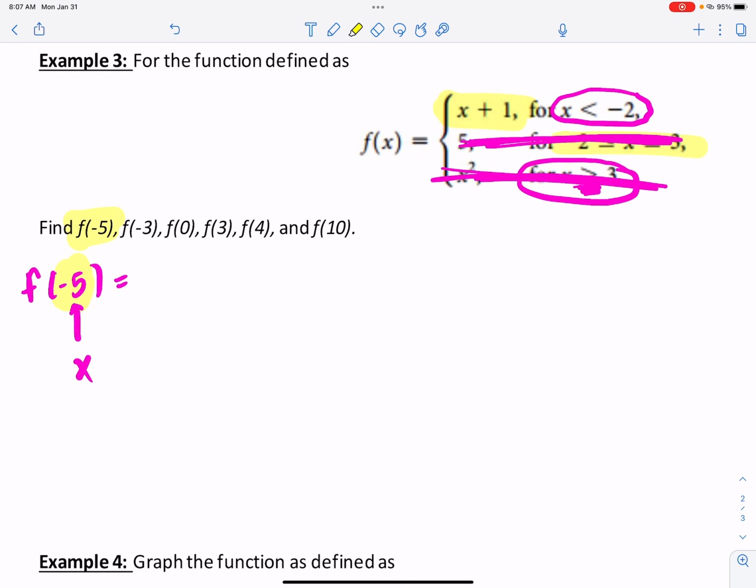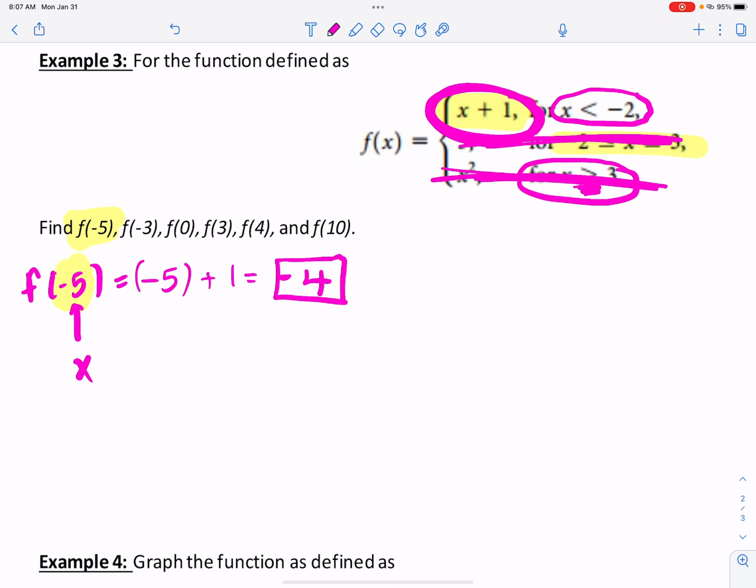Okay, so I'm going to plug in -5 for x on this first top equation. So instead of x plus 1, we'll have -5 plus 1. And then we just calculate whatever that is, which the answer is -4. And there's our answer. Okay. Ooh, crazy mess.